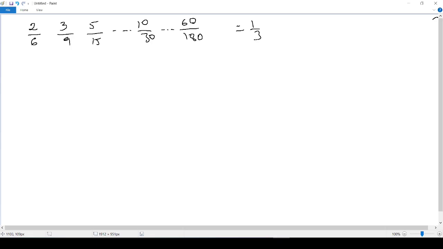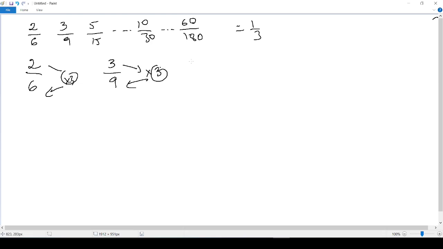A close look at these numbers reveals that they share a property, and in this case, each fraction has a denominator that is exactly 3 times the numerator. So for 2/6, we see that 2 times 3 equals 6, right? For 3/9, we see that 3 times 3 equals 9.